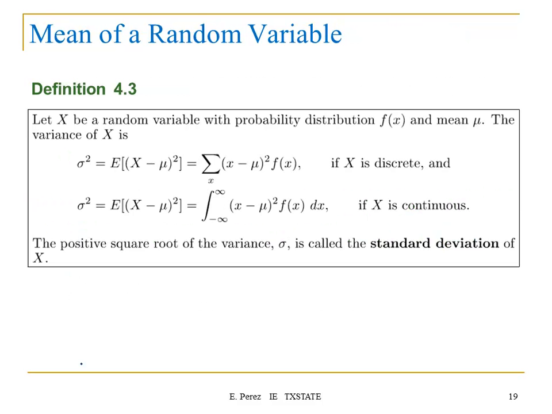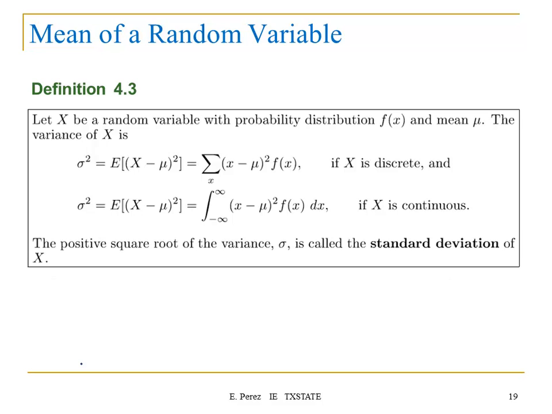Very good. Okay. So in here we have the formal definition. Let x be a random variable with probability distribution f of x and the mean mu. Then the variance of x equals sigma squared, the expectation of the difference between the random variable and the mean, squared.